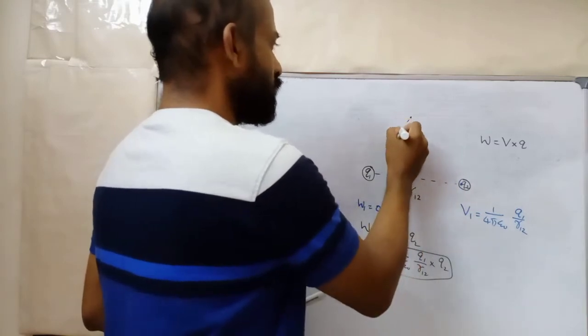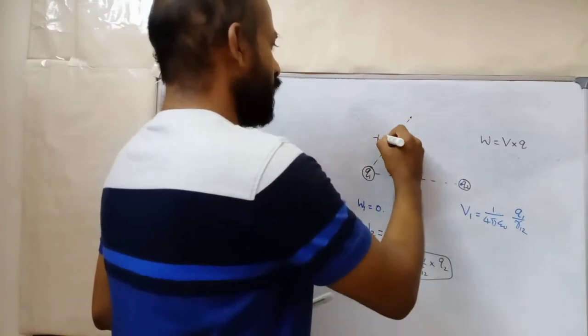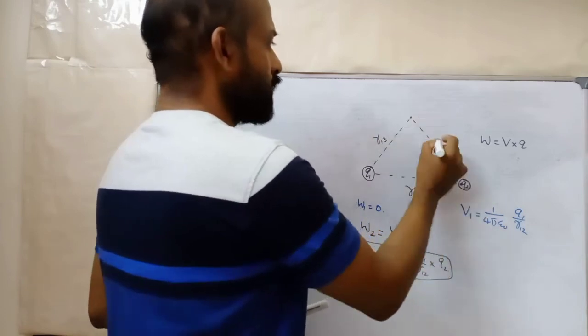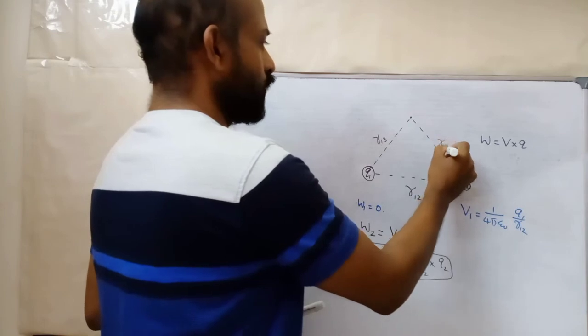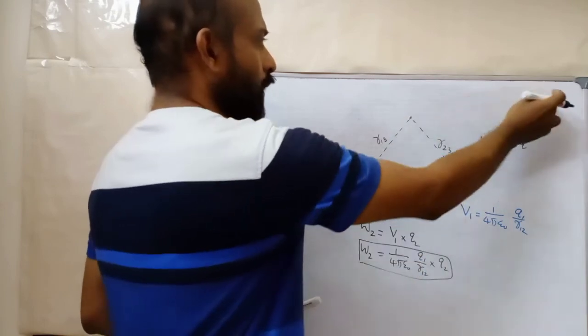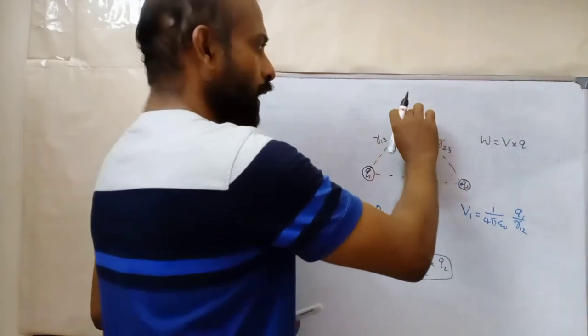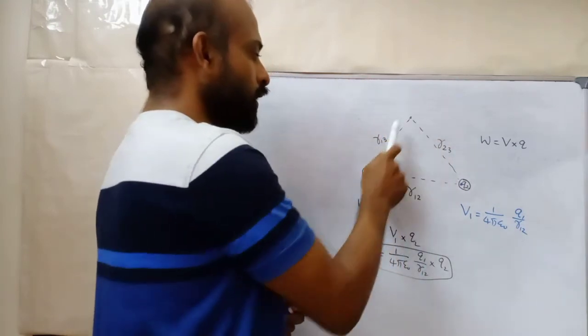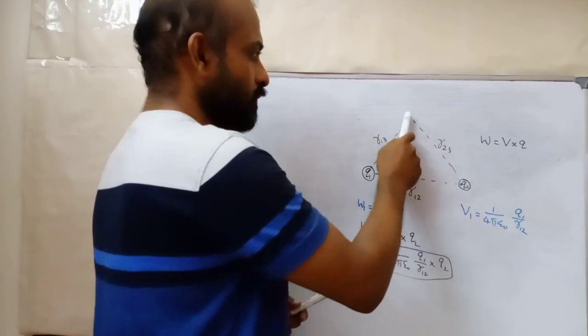This point is at a distance R13 from here, and from this charge it is at a distance R23. At this point I am going to bring a charge from infinity. So this point is under the potential of these two charges.